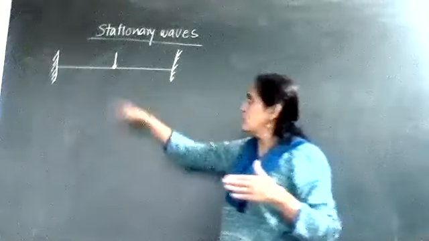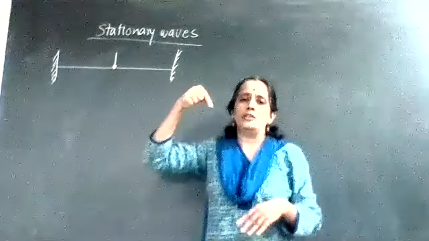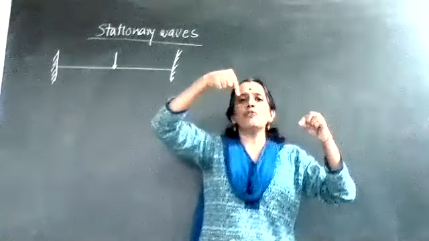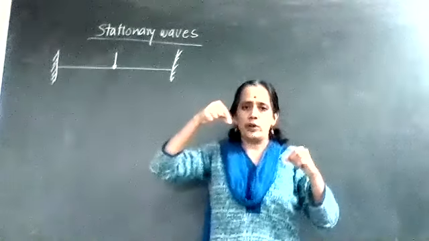And if that string is plucked at the center, at the plucking point, when we pluck with the help of a finger, we are giving potential energy to that plucking point.